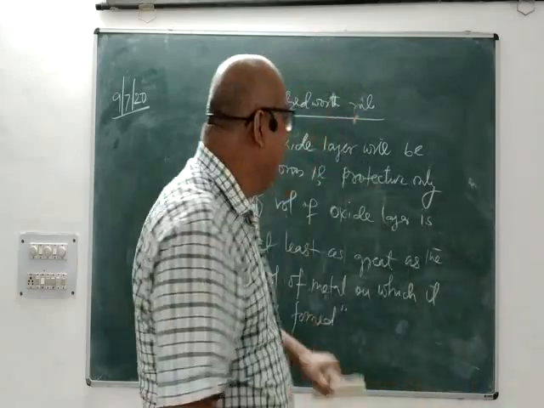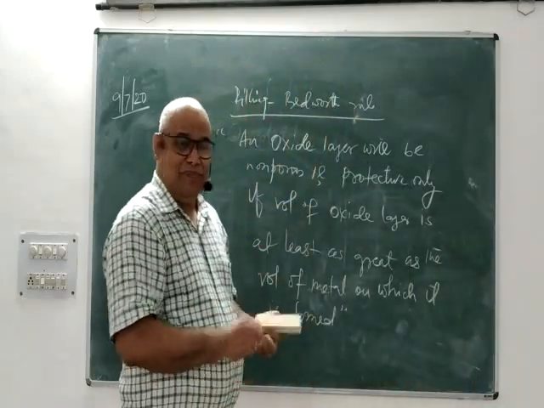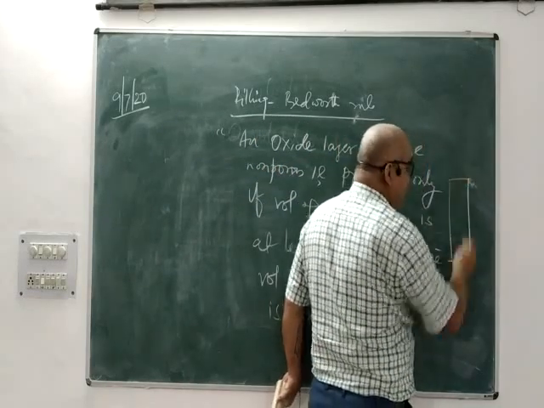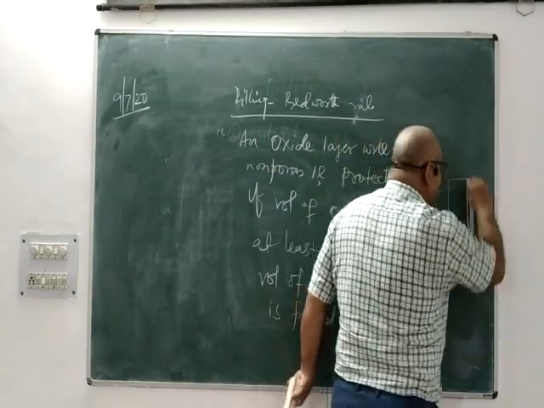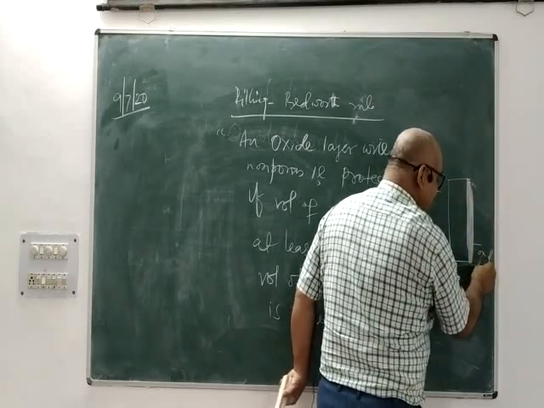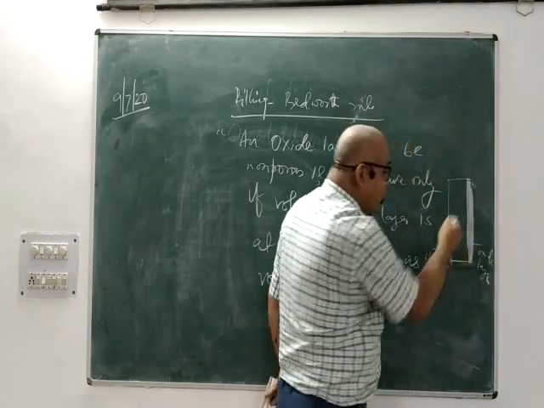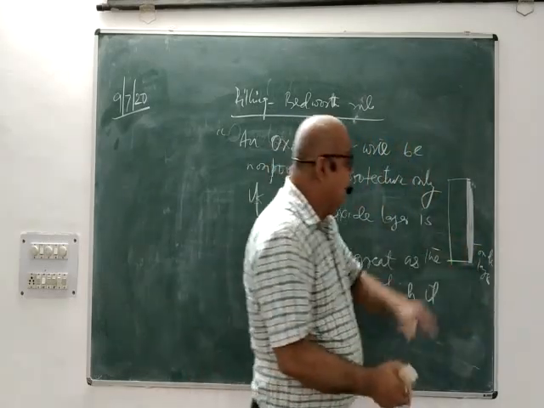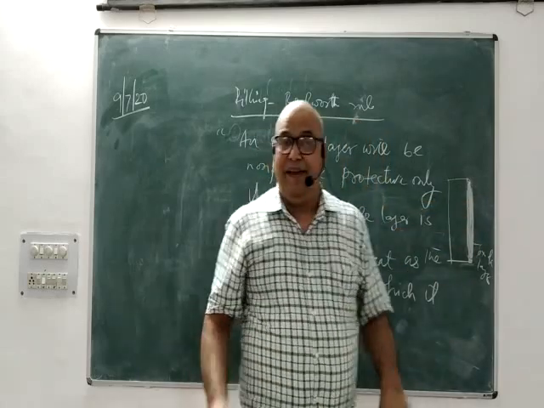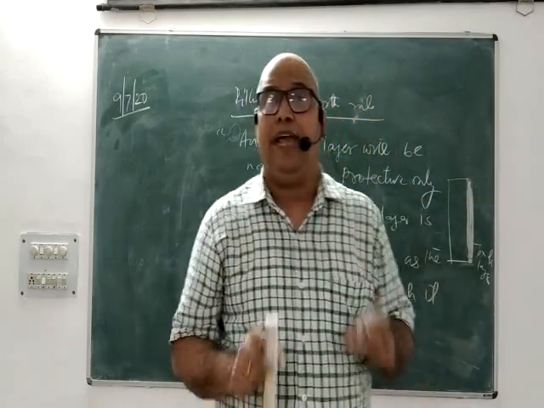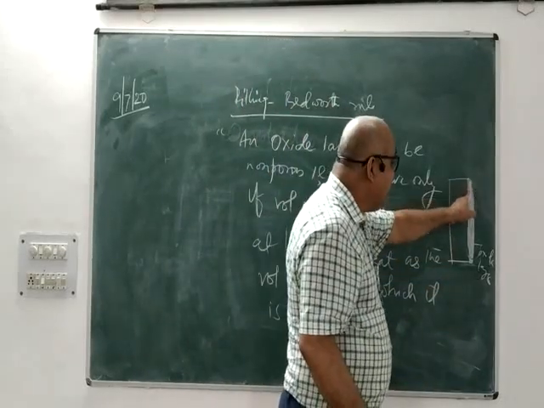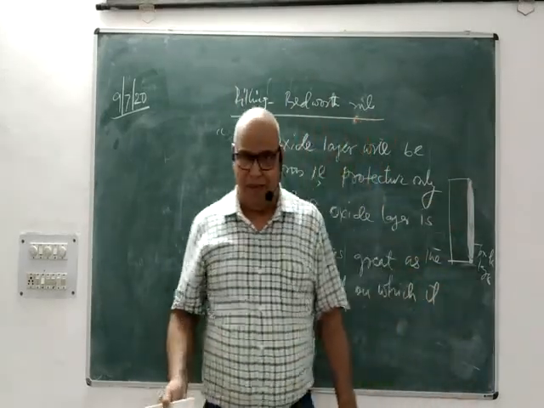So similarly, they are telling that, suppose it is a metallic structure, if this is the oxide layer, this layer will be protective, that is not porous, only if the volume of this is at least equal, if not more, than the metallic surface on which it is formed.